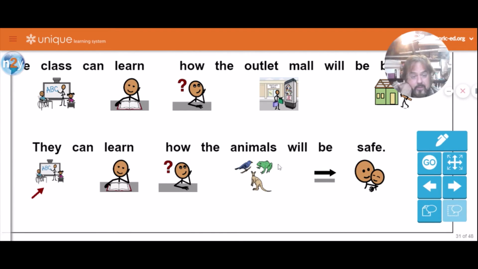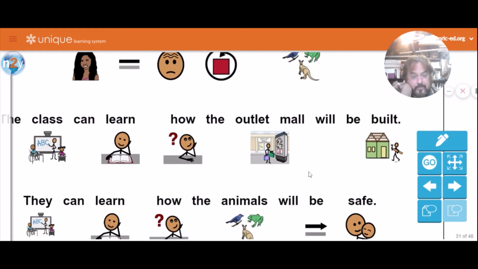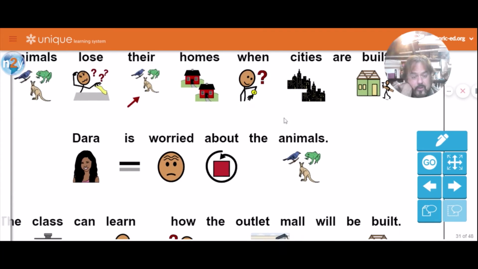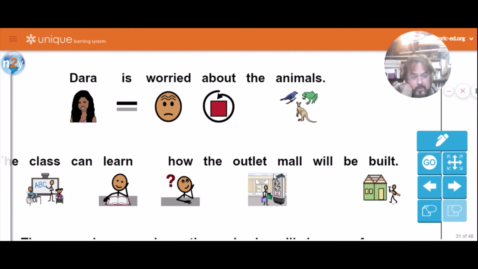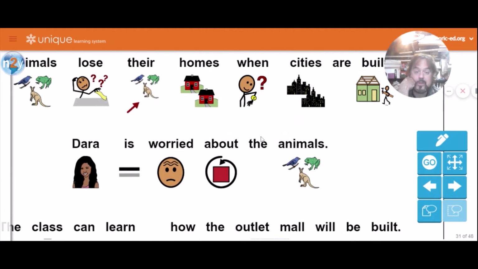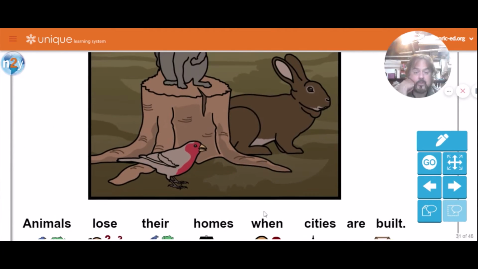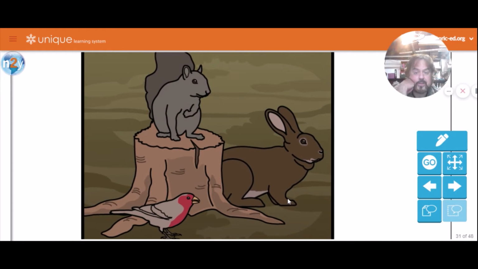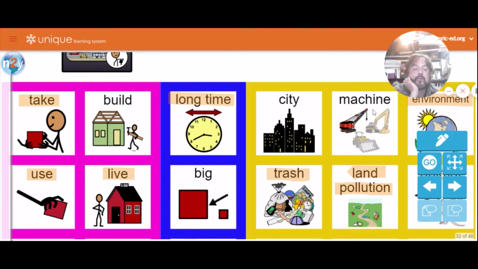They can learn how the animals will be safe. So hopefully people who build shopping malls like the Providence Place Mall or wherever, any mall will try to take into consideration that animals might be hurt by their construction.